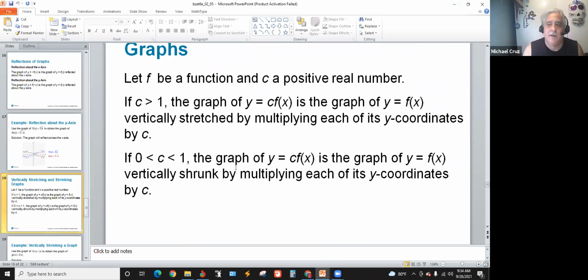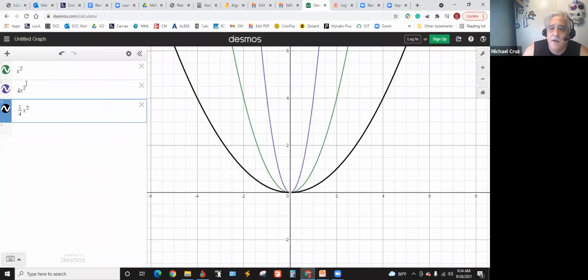Because essentially what ends up happening is you're multiplying each one of the y coordinates by whatever that value is. In other words, whatever comes out of the functional value, you're multiplying it by that. In the case we just had, a 4 there. For example, let's put some points on here.